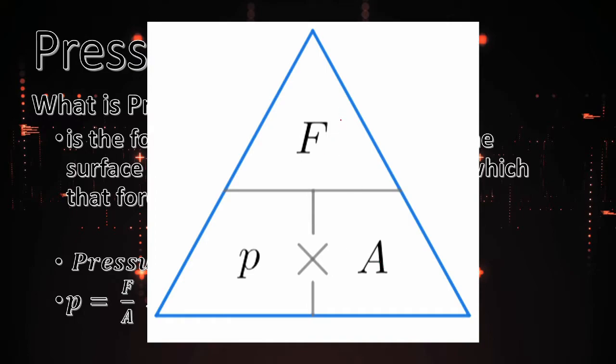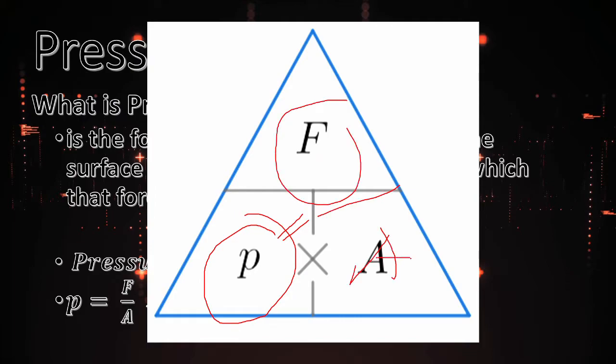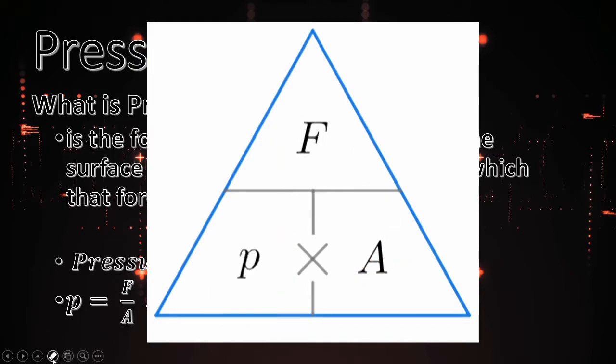So for example, you want to find pressure. Pressure will be equal to force over area. Okay? And if you want to find the force, suppose you're given pressure and area.